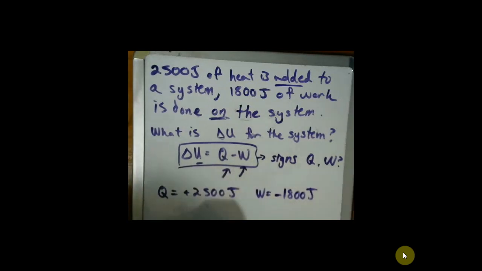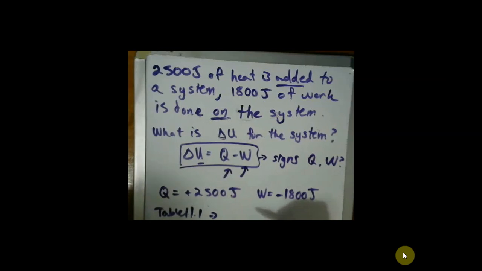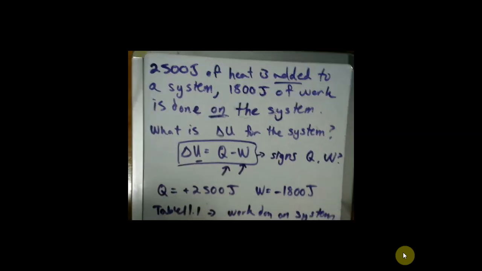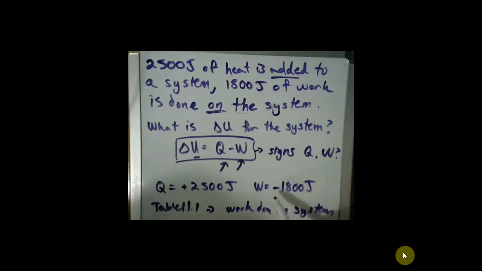Now remember, go back to table 11.1, and again, look at this explanation. Work is going to be less than 0 when work is done on a system. So it's a little bit counterintuitive. On a system, is going to end up having a negative value here.